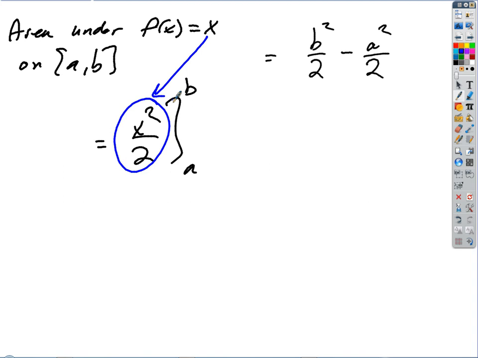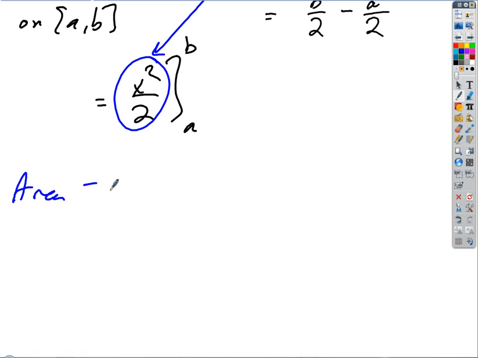And so this brings us to, you got it, that's what it is. We can demonstrate this again with another example, but the shortcut is that the area under f of x from a to b is equal to the antiderivative of f of x evaluated from a to b.